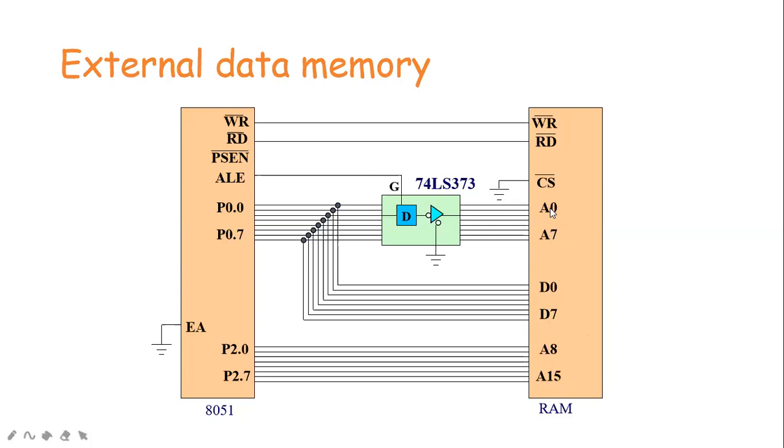A0 to A7 are connected to the port 0 lines through the D latch, which is enabled whenever the ALE pin is high. The higher address lines A8 to A15 are connected to the higher address bus of the 8051 microcontroller.